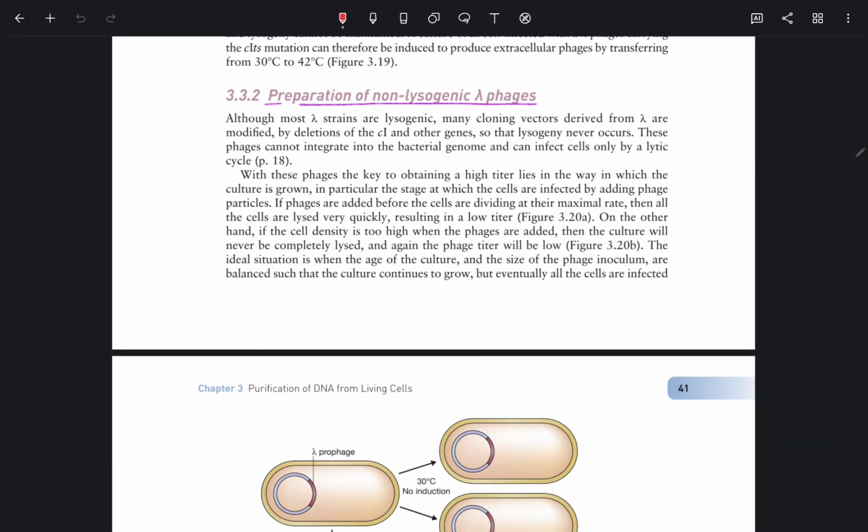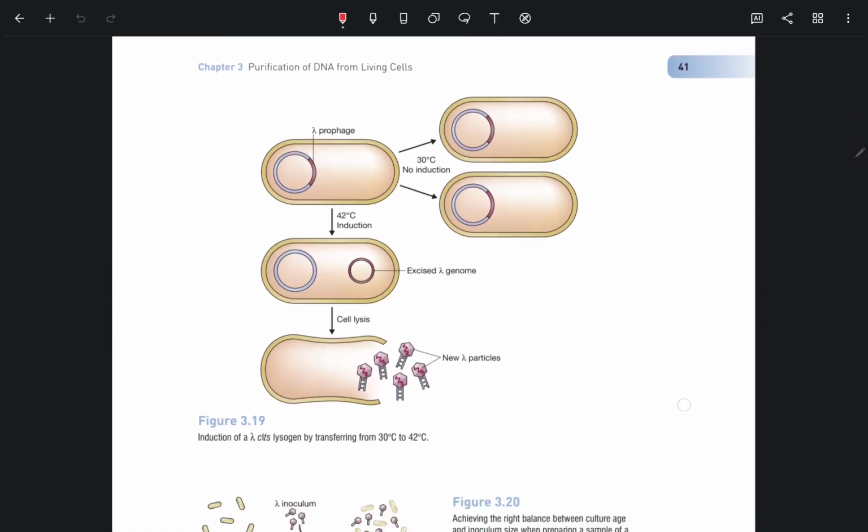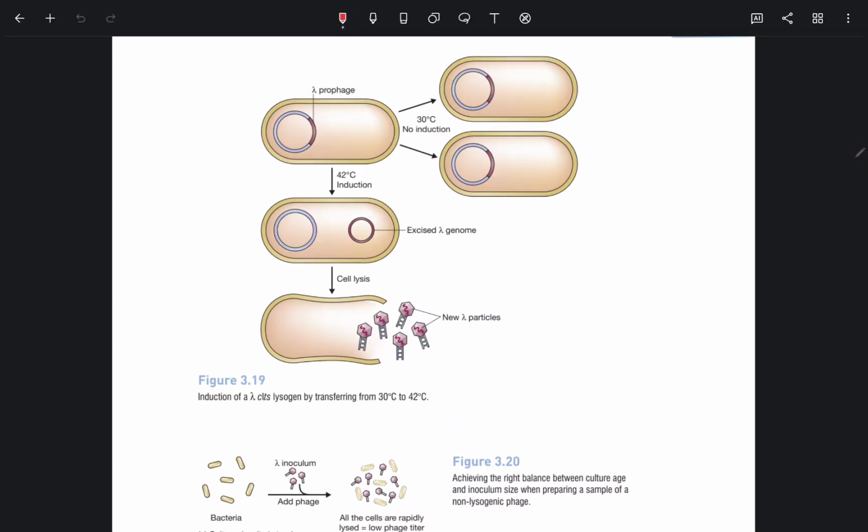Preparation of non-lysogenic lambda phage. Although most lambda strains are lysogenic, many cloning vectors derived from lambda are modified by deletions of cI and other genes so that lysogeny never occurs. These phages cannot integrate into the bacterial genome and can infect cells only by a lytic cycle.